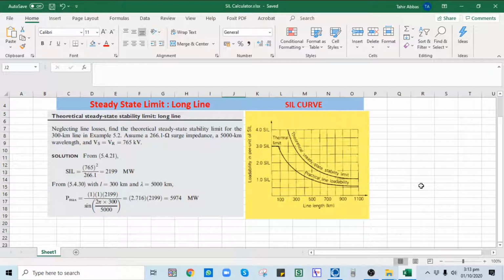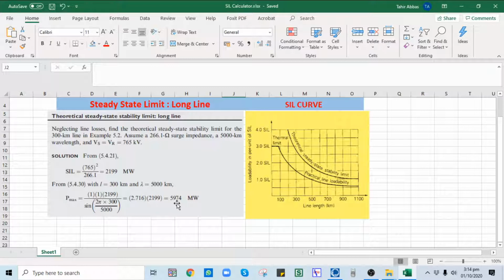If you have any idea about the SIL of your transmission line and the line length, you can directly calculate the theoretical practical line loadability from this curve. So for 300 kilometer, here you can see that is 2.7 multiplied by this SIL, that is 2199, that is approximately 5974 megawatt.